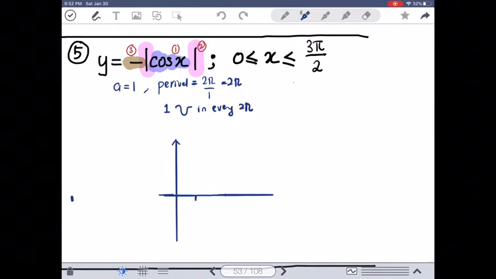So this is pi, and pi over 2. Okay, this is 2 pi, 3 pi over 2, and pi over 2.